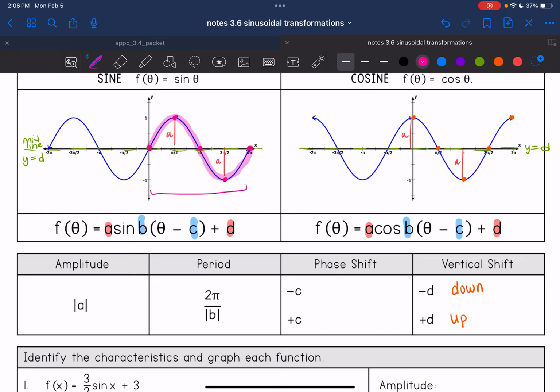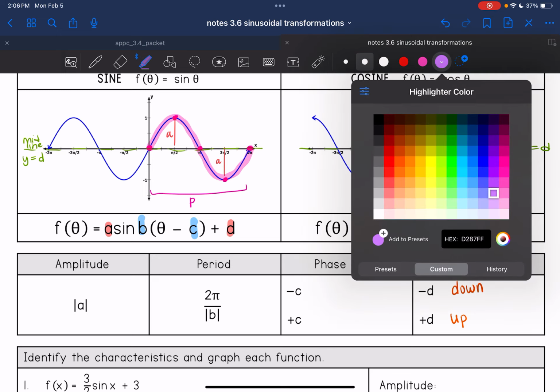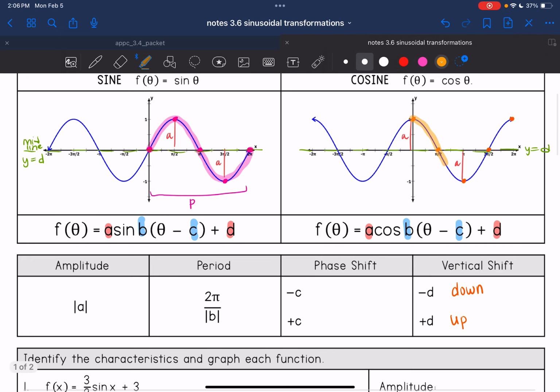For the parent function, it's automatically 2 pi. And for cosine as well, it's also automatically going to be 2 pi. But if they give you a value for B, that'll change. It might either stretch your wave out or squish your wave in. So the way you'll find the period is by dividing by B.